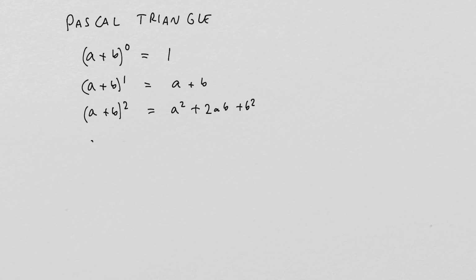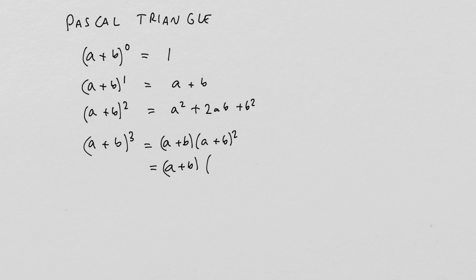And let's still work out the next one. If we have (a + b) to power 3, we can express it as (a + b) times (a + b) to power 2. For the second factor we know what it is.